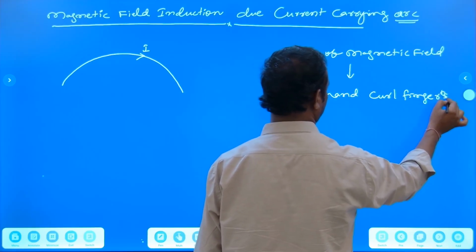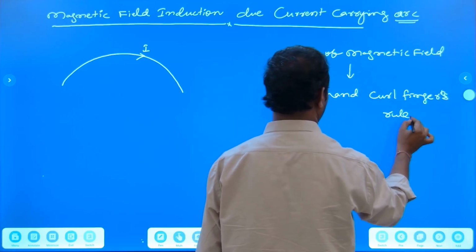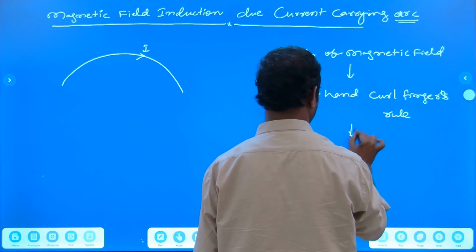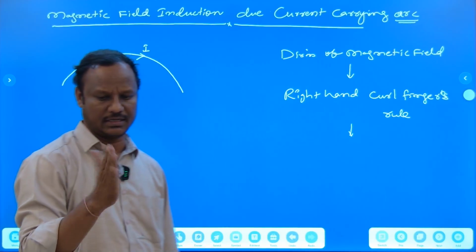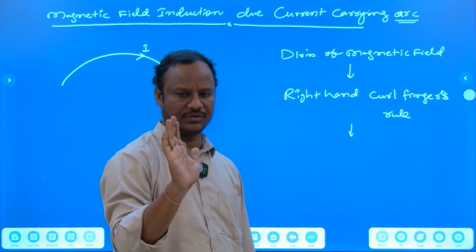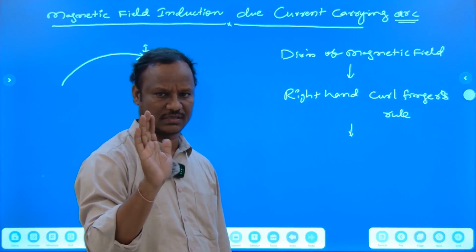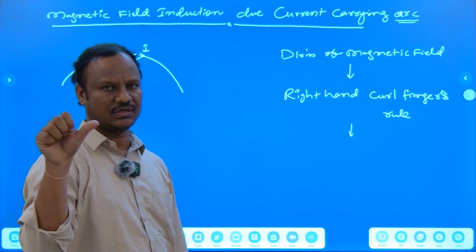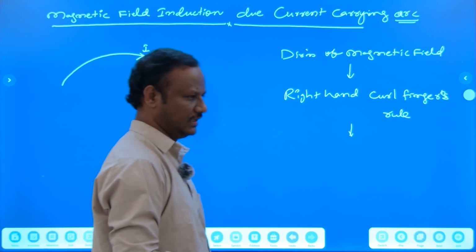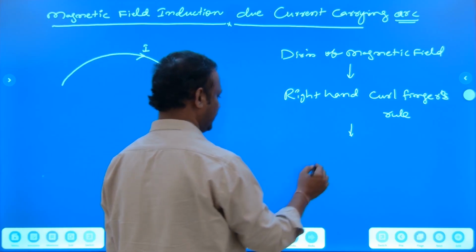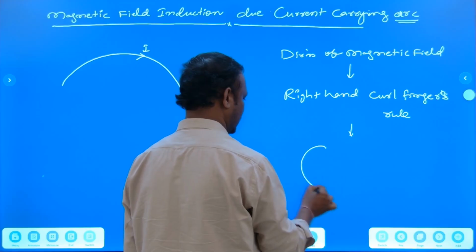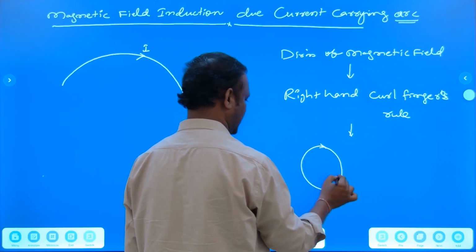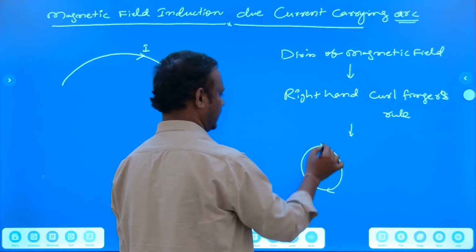Right hand curl fingers rule is just right hand. These curl fingers are in the direction of current, and this thumb indicates what? Direction of magnetic field. For example, if there is a circular arc, the current is passing in this way.